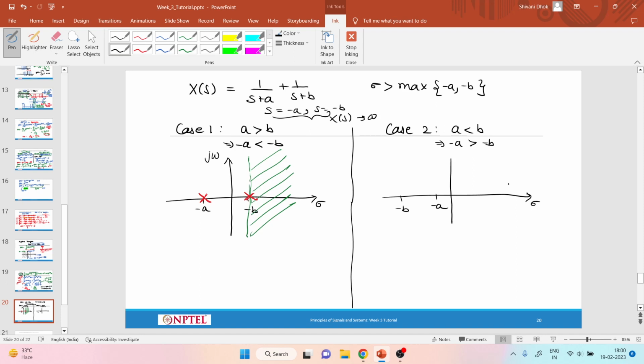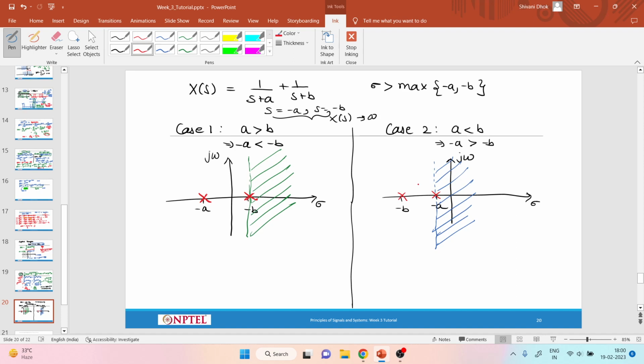I'm just taking j omega arbitrarily, and it will be something like this. This is your region of convergence, and again I'll have two poles, at s equal to minus a and s equal to minus b.